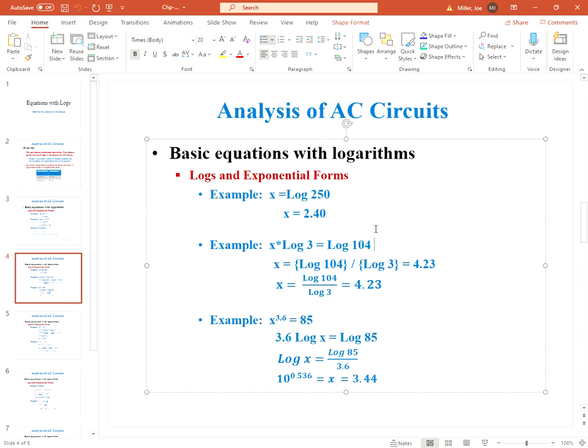So, divide both sides by the log of 3. X times the log of 3 divided by the log of 3 yields x. Log of 104 divided by the log of 3. Take the log of 104, then take the log of 3. Carry out the division. You end up with 4.23.